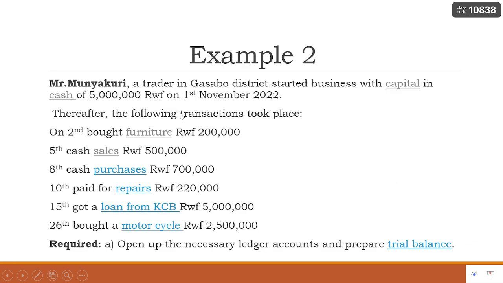Then we go back to the 8th, cash purchases of 700,000. So we purchased things and we paid cash. So we debit purchases and credit cash.